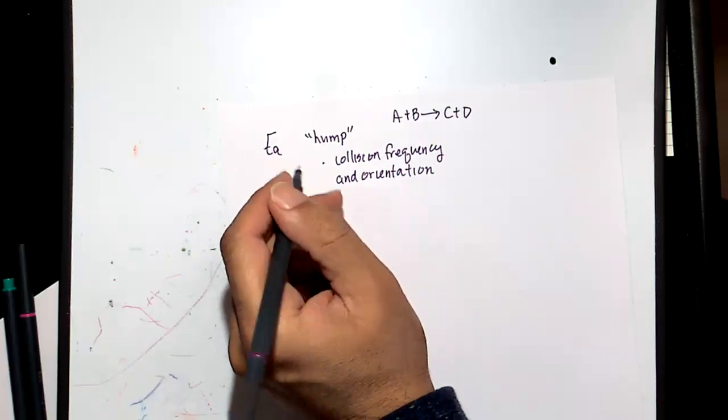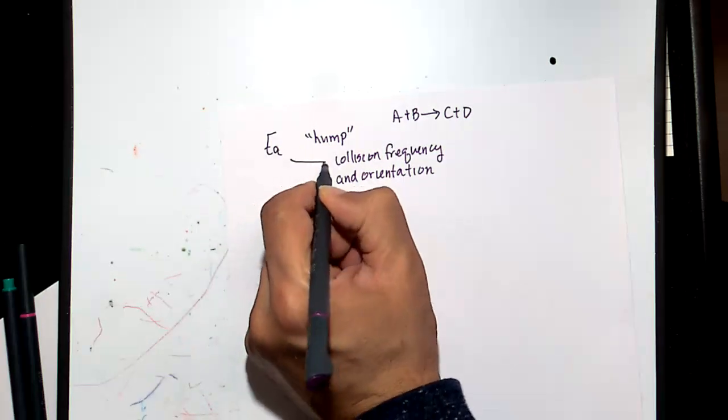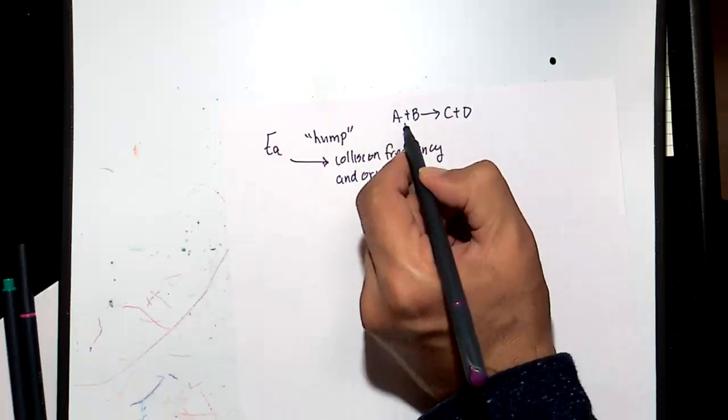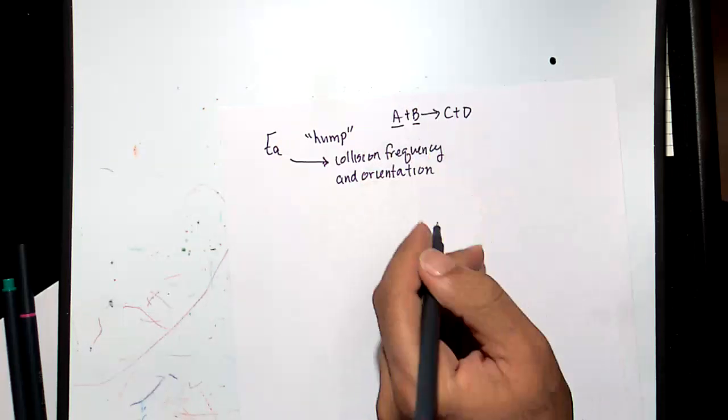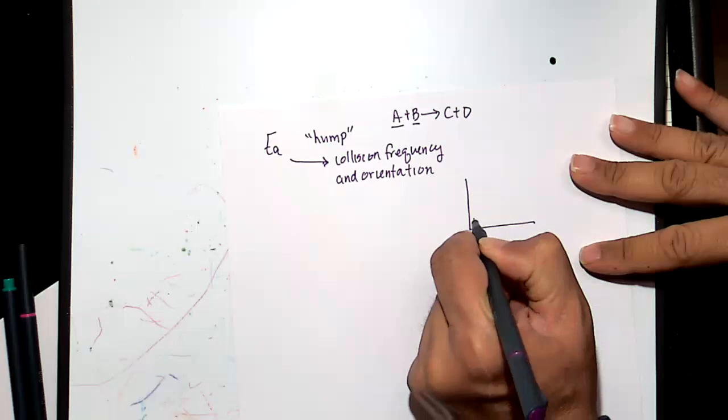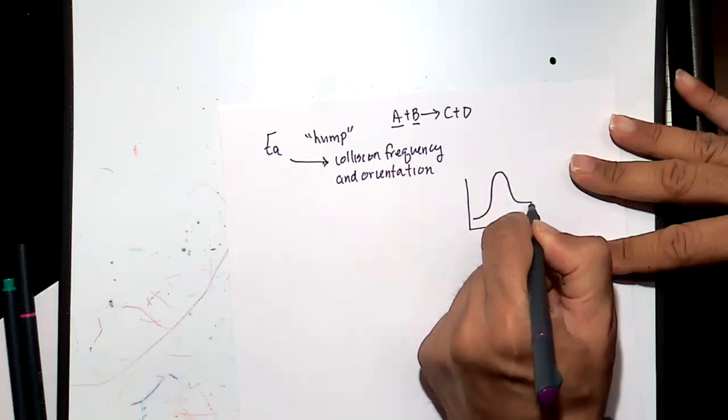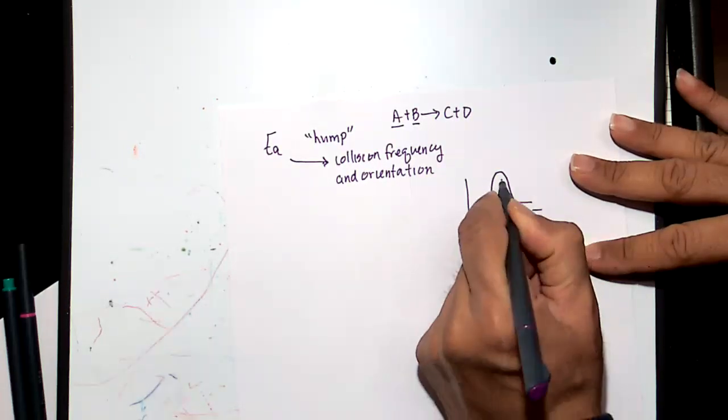So for an activation energy, we need the right collision frequency, and we need the right orientation of A to B. That is why it is sort of a hump here that must be overcome.